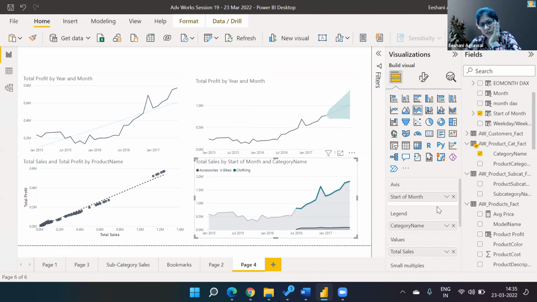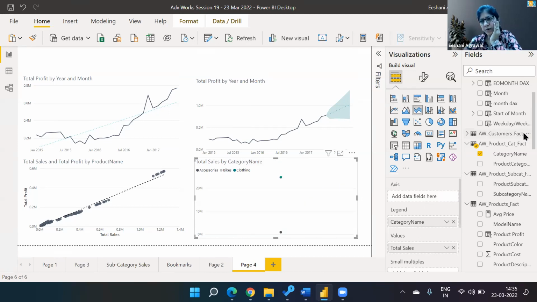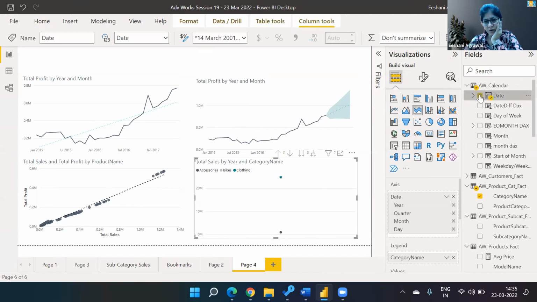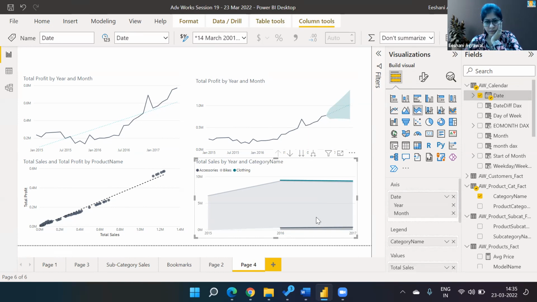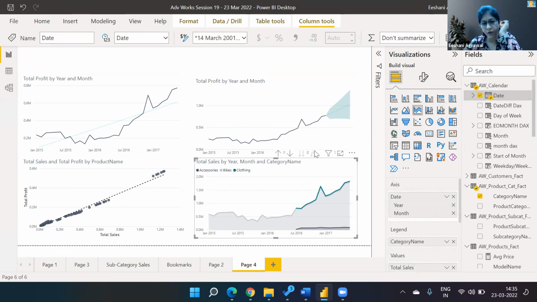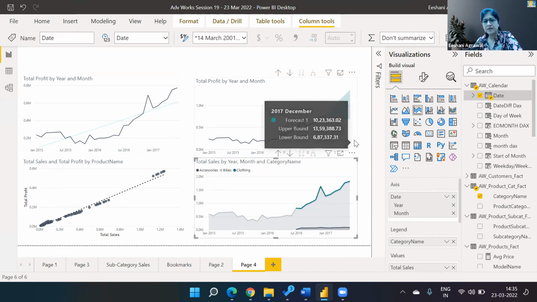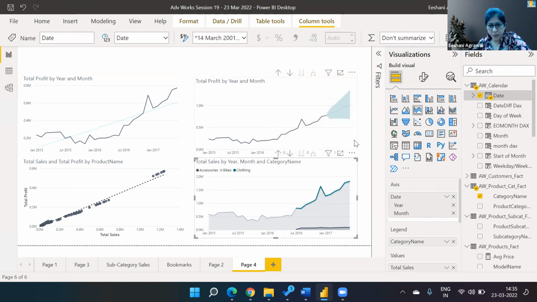It doesn't look like a problem because of my dates, but the dates are daily dates. Something doesn't look correct in this. Clothing is, I think it's a type of, what did I do?